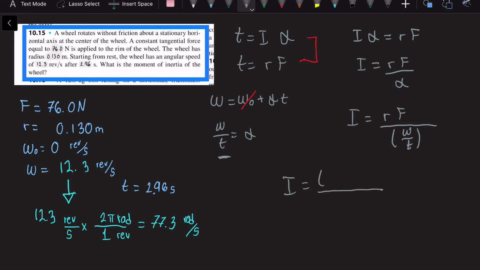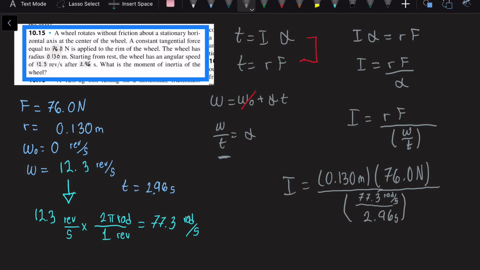The radius is equal to 0.13 meters times the force, which is 76.0 newtons. And we have this other equation, which is 77.3 radians per second divided by the time, which is 2.96 seconds.